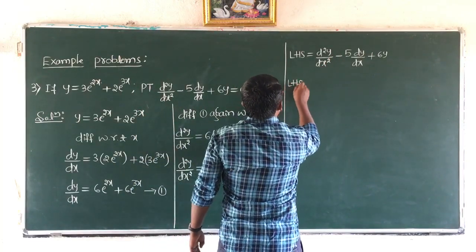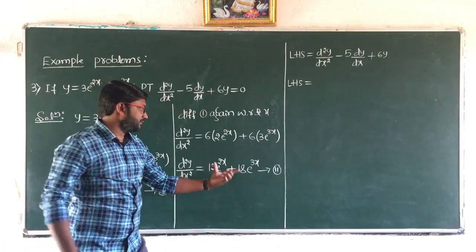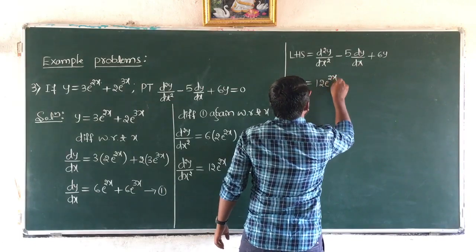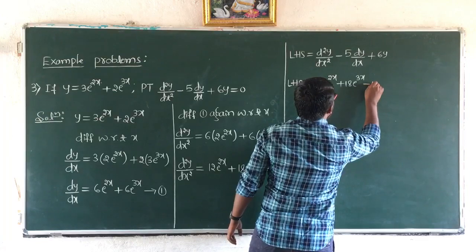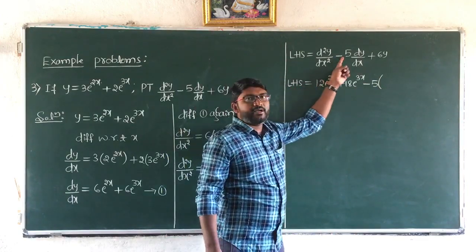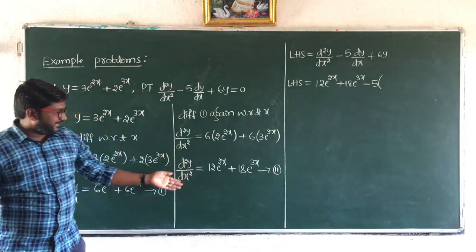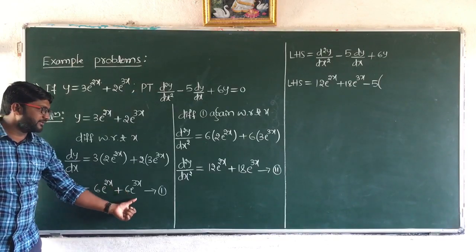LHS, which is equal to, first we have to substitute d square y by dx square. So 12 e raised to 2x plus 18 e power 3x, minus 5 as it is. Inside the bracket, since there is a minus, we have to write dy by dx. So what is dy by dx now? 6 e raised to 2x plus 6 into e raised to 3x.